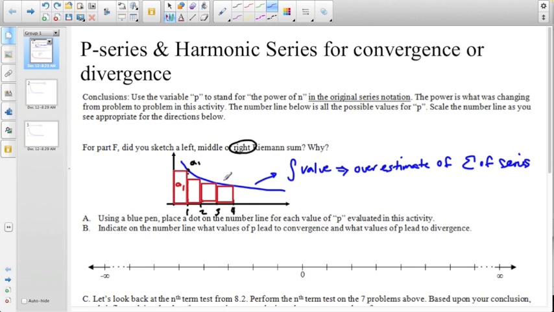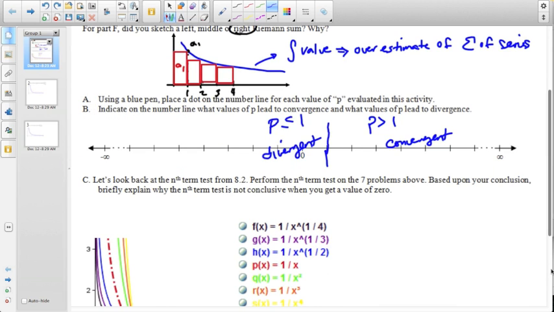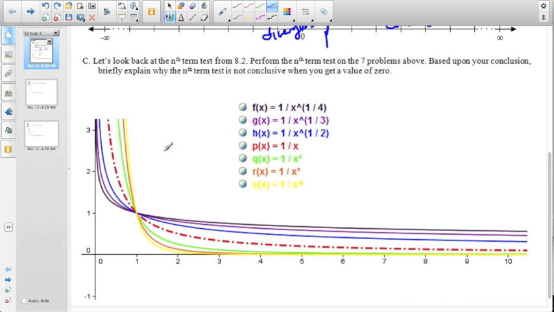And so we also notice that this transition occurs right here. If we have p equal to 1, or less than 1, we have this divergent behavior. And if we had a p bigger than 1, then we had this convergent behavior. With that in mind, I sketched everything that happens here that we did in the activity.